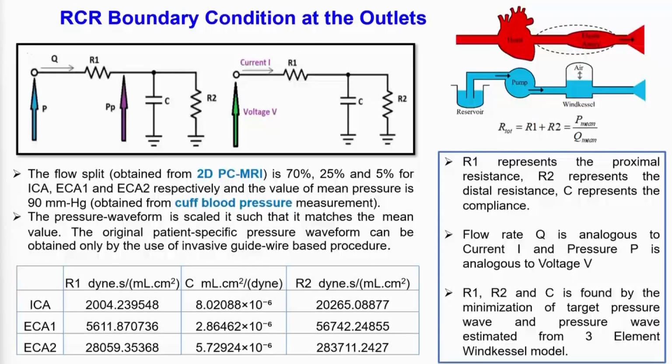The original patient specific pressure waveform is possible to know, but for that there is an invasive guide wire based procedure, very tough on a human. So, it is an invasive procedure, and then pressure versus time is known. Usually no person will allow you to do it unless they are at the mercy of the doctor.